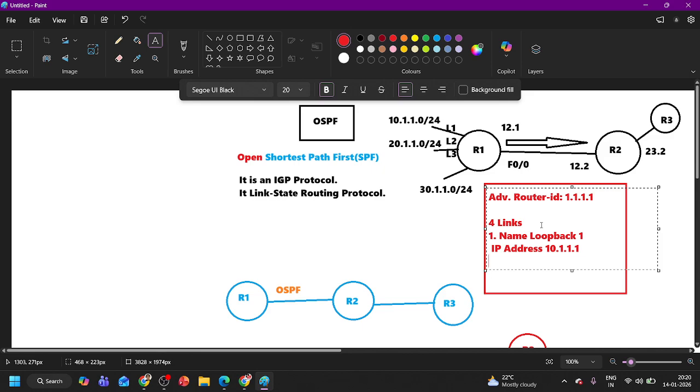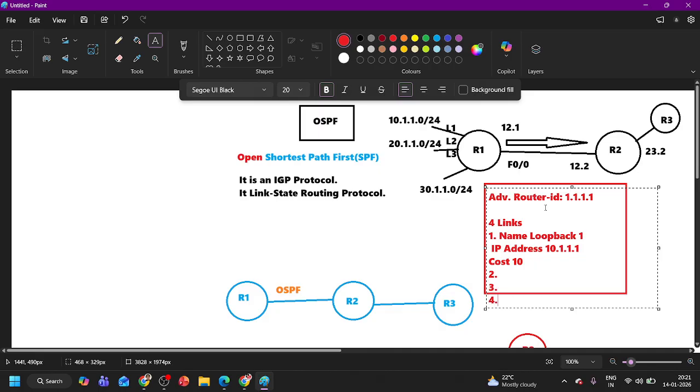Then it will calculate the cost value. What is the cost on this interface? Let's say 10. You will learn how it is going to calculate the cost. Like this, it will store the detailed information of link 1, then link 2, then link 3 and link 4.